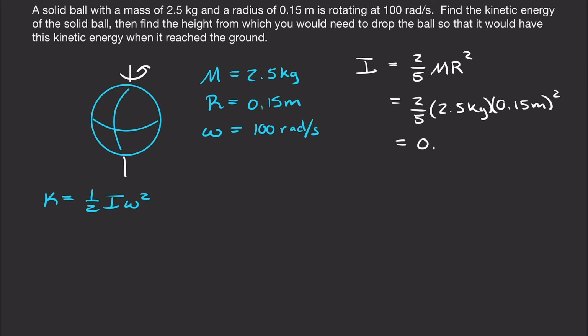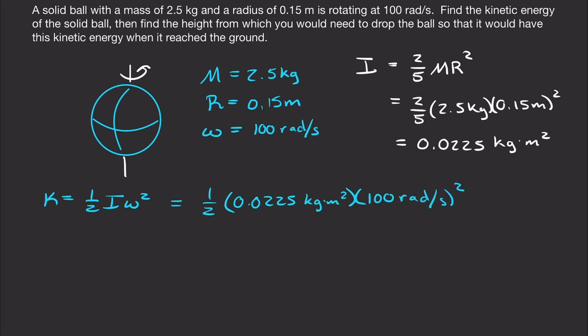And this gives me 0.0225 kilogram meter squared. So now I can plug in, and I have 1/2 my moment of inertia, 0.0225 kilogram meter squared, times omega, 100 radians per second, that's squared.